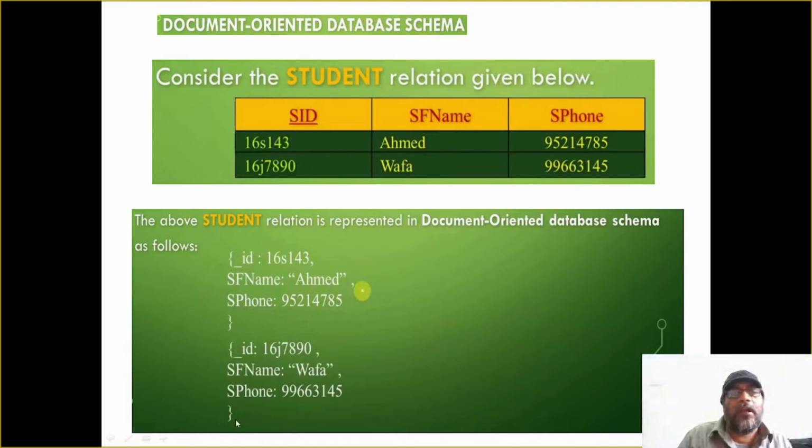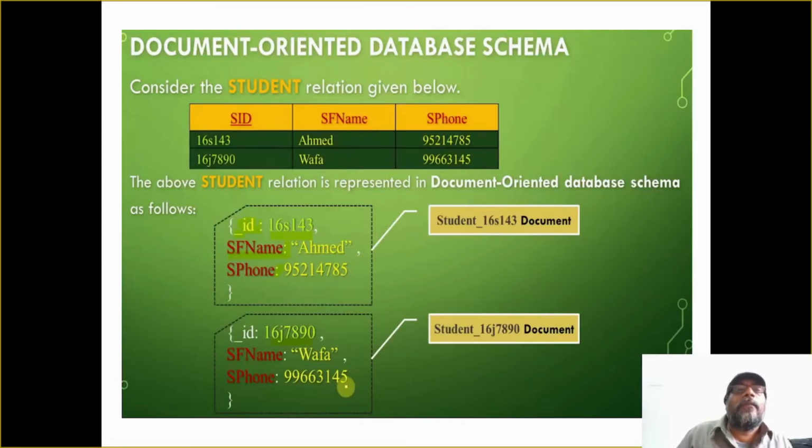Similarly the second row is represented here. For easy understanding I am showing this, but exactly how it is done in MongoDB we will discuss later. So this is the student relation or schema, and this is the document schema: the student relation represented in a document oriented database schema.